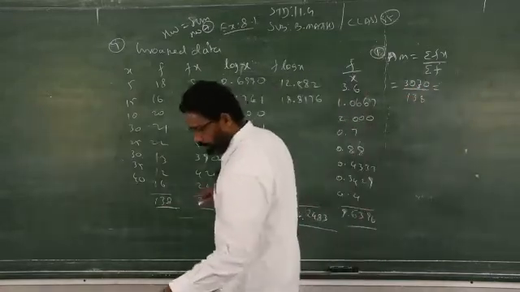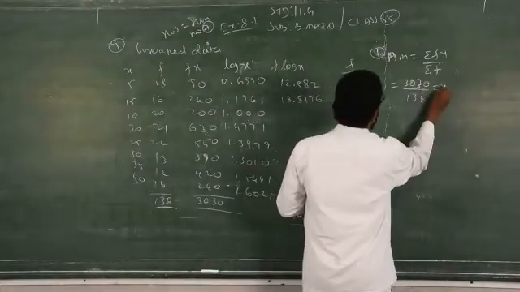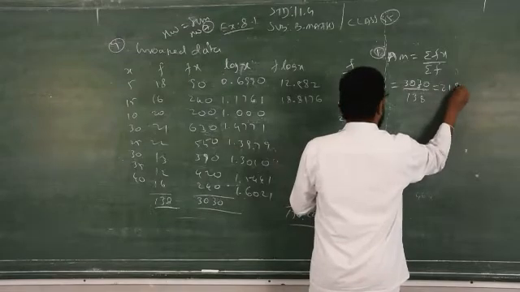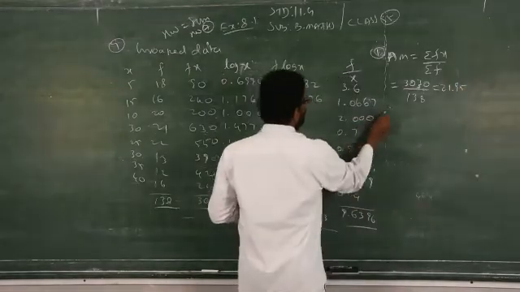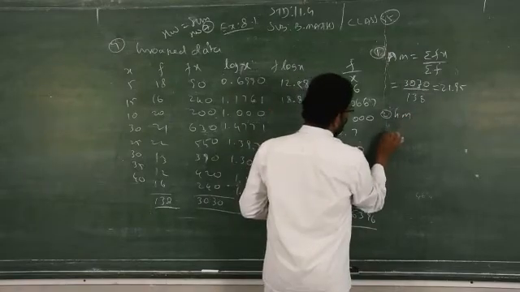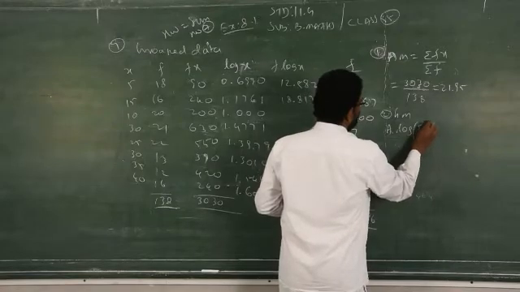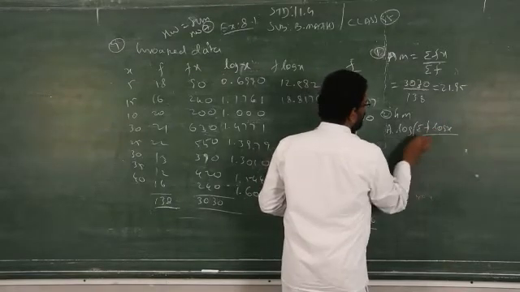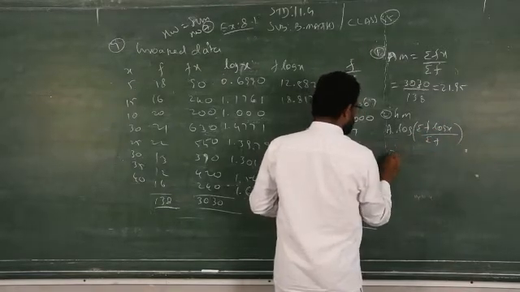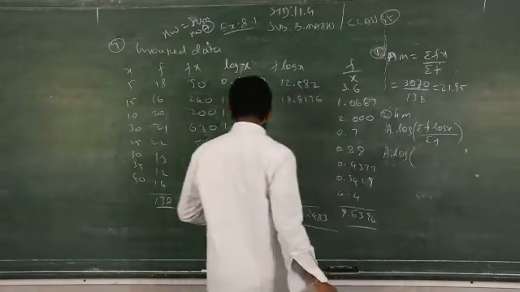When you divide this, you will know that the answer is 21.9565. Then 2. You have to find the GM. What is the formula to find the GM? Antilog of summation f into log x by summation f. So we found the answer already, that is antilog. What is summation f log x?